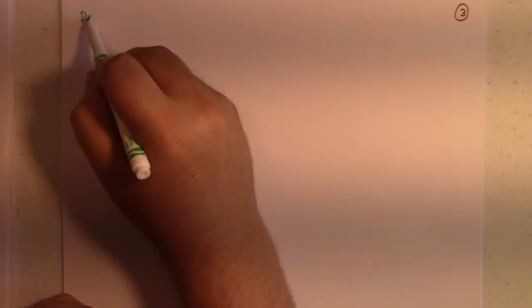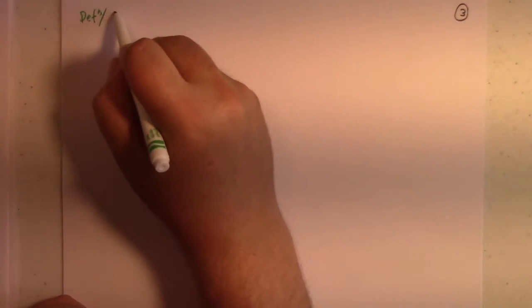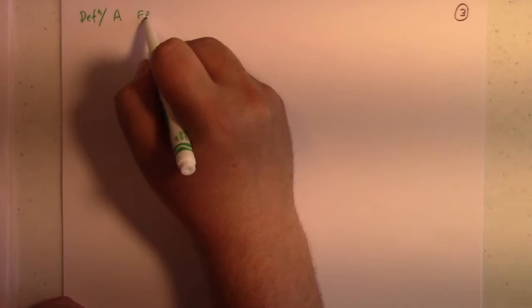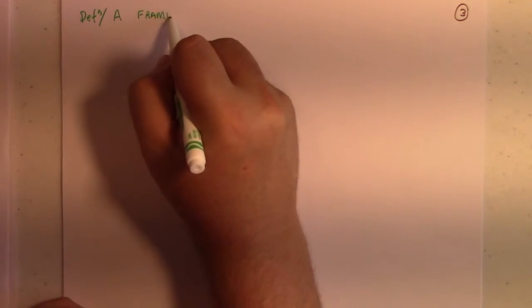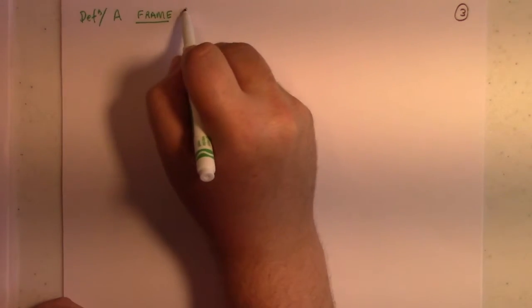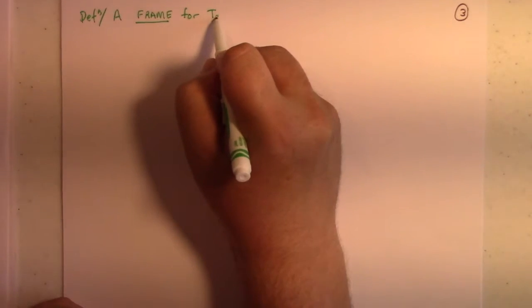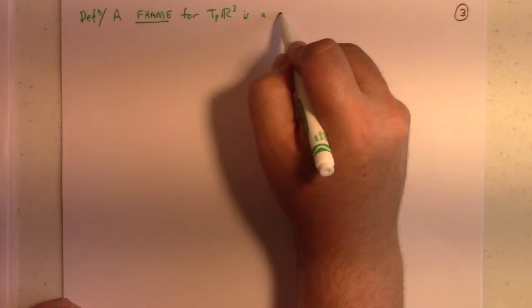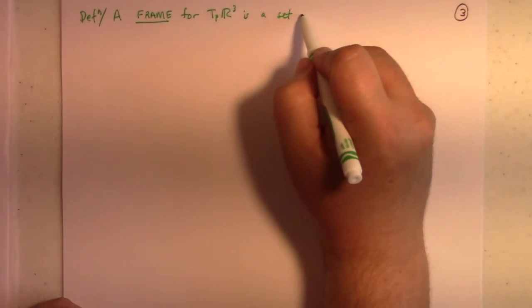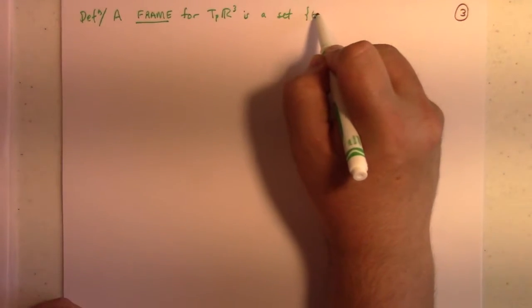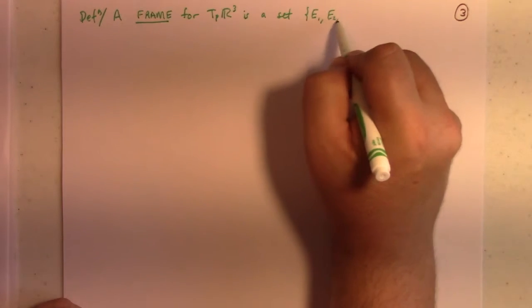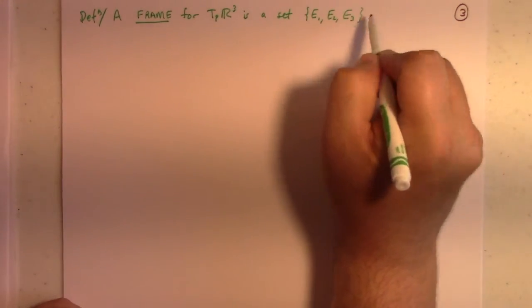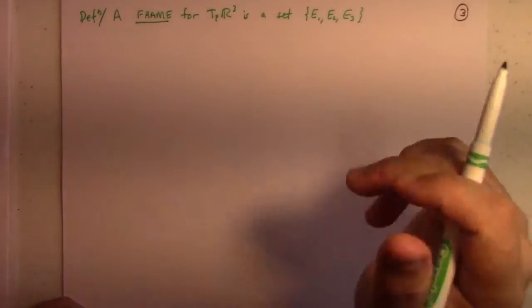Let us define then, definition: a frame for the tangent space to P of R3 is a set of vectors, E1, E2, E3 is the notation, following O'Neill, I try to use that notation as much as I can.